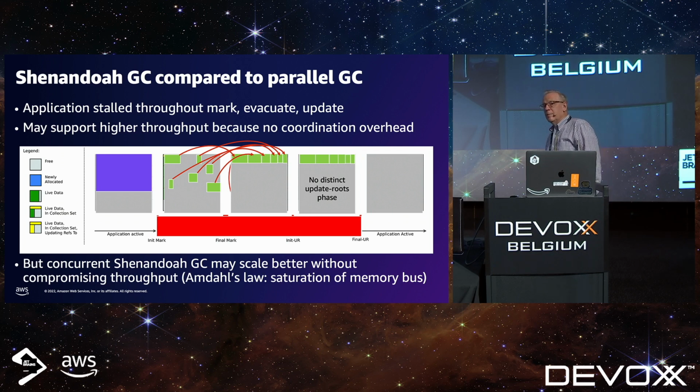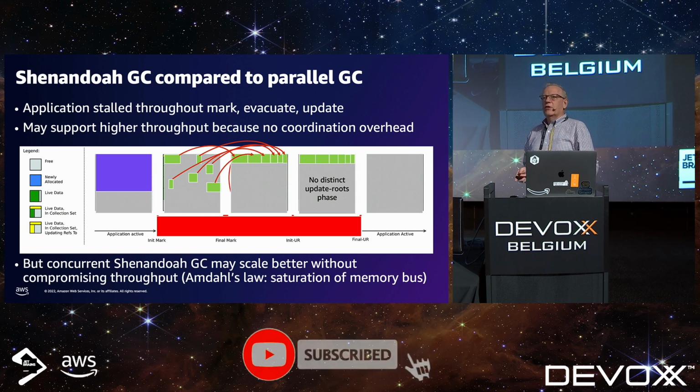On the other hand, you have all of your cores dedicated entirely to garbage collection. Garbage collection is notoriously memory bus bound. Garbage collection is very non-localized. It cannot operate out of the cache very efficiently.